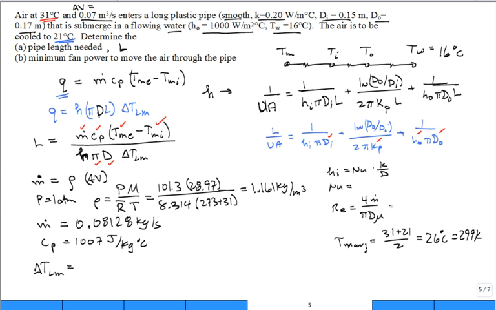You have the mass flow rate, and you calculate that the Reynolds number comes in at 3.74 times 10 to the 4th. It's turbulent. It's over 2300.